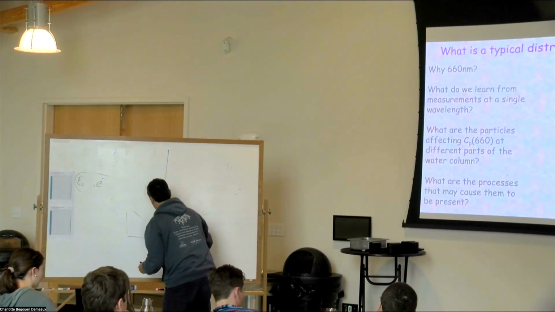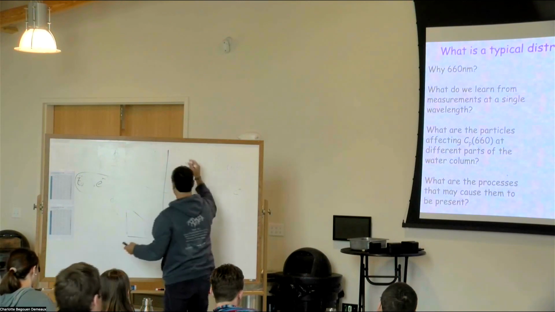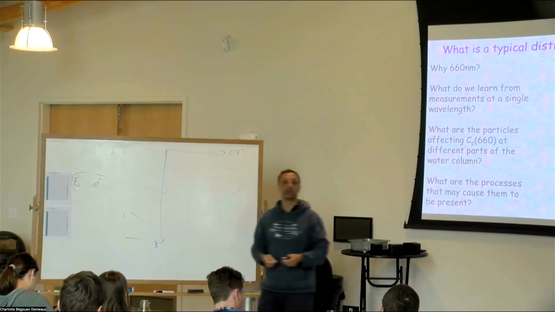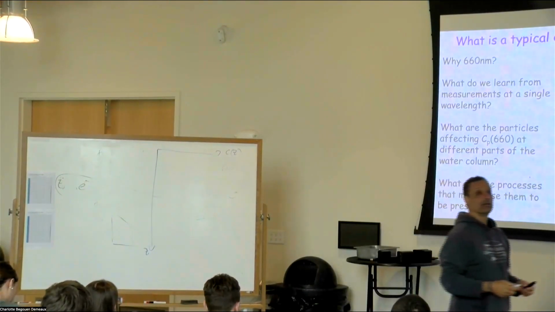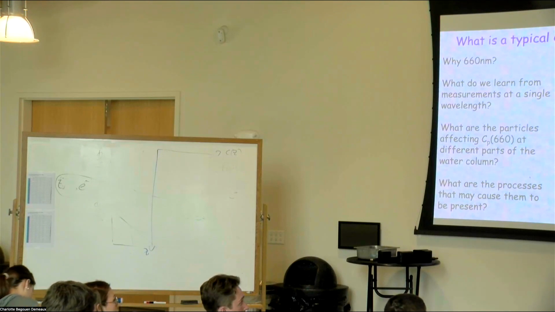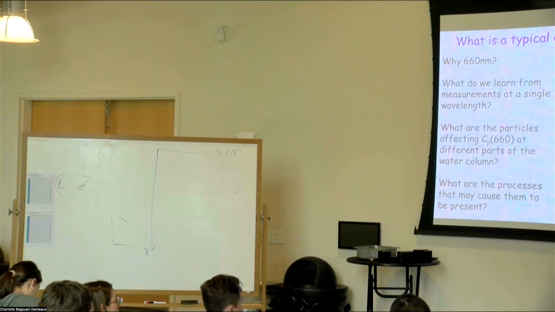So I have the beam attenuation here, and I'm asking you, how do you expect it to go in the ocean? High in the red, and we're measuring it at 660 nanometers. We talked about that, right? But I'm asking you, how is it distributed in the ocean? I'm asking for people who've never seen the profile. What do you think it should look like?